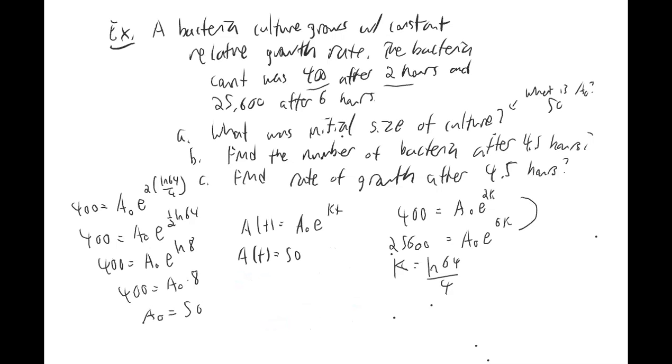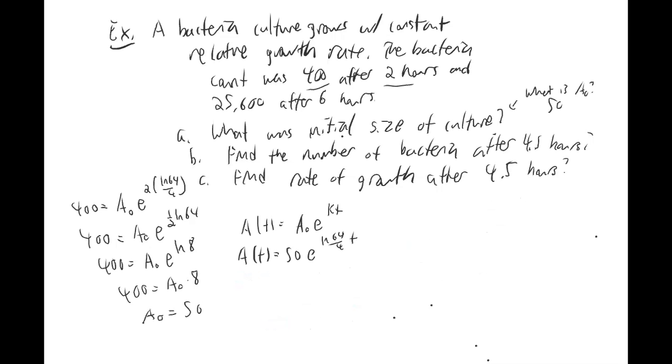It's 50 e to the ln of 64 over 4 t. You just plug in t equals 4.5, so this is asking for A of 4.5. A of 4.5 is equal to 50 e to the ln of 64 over 4 times 4.5. I'll let you all calculate that.